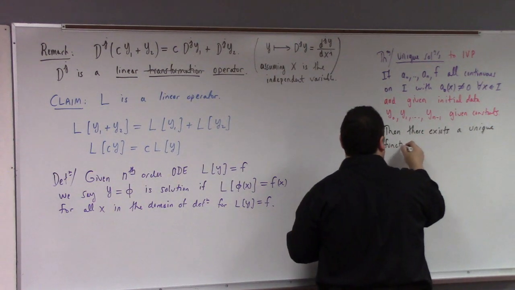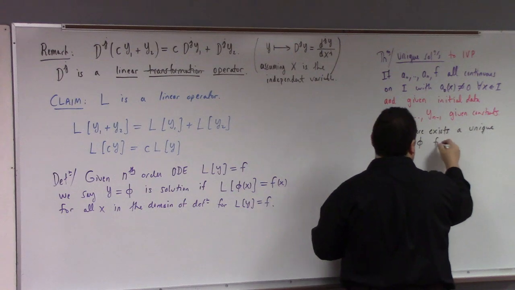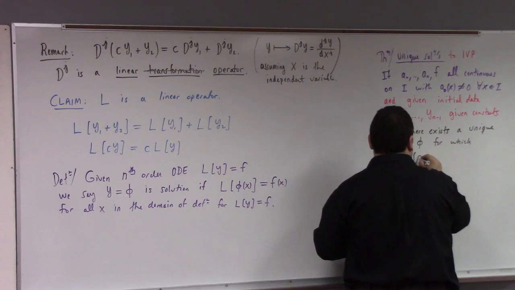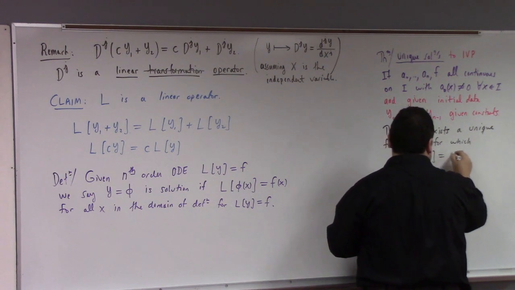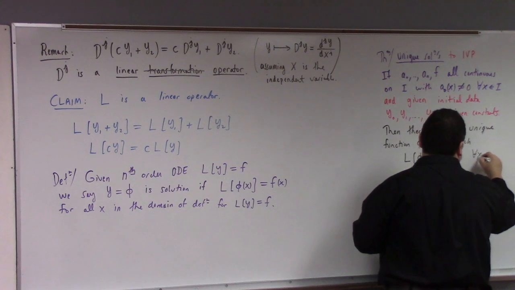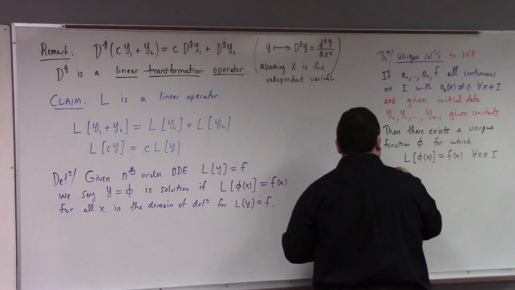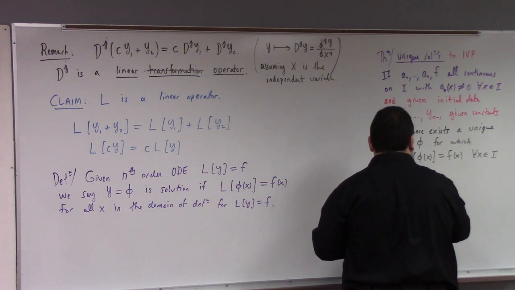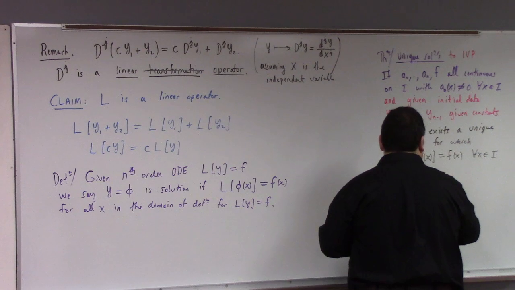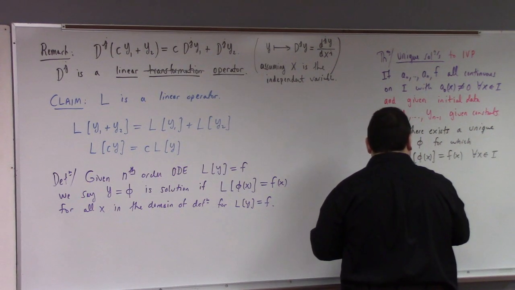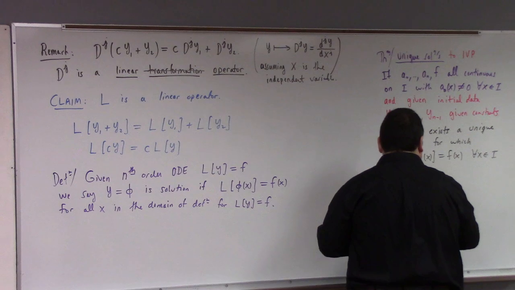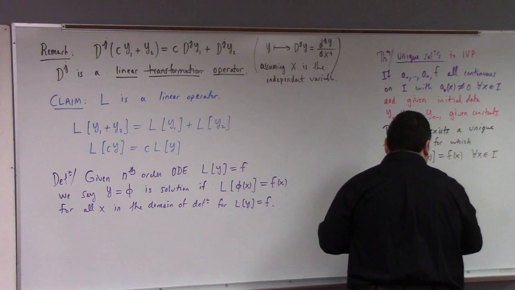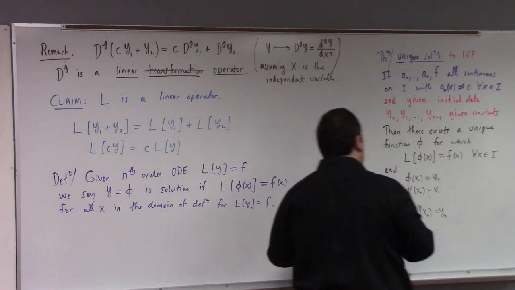function phi for which L of phi of x is equal to f of x for all x in I, and phi of x naught is equal to y naught, and phi prime of x naught is equal to y1, dot dot dot, phi n minus 1 of x naught is equal to y sub n.